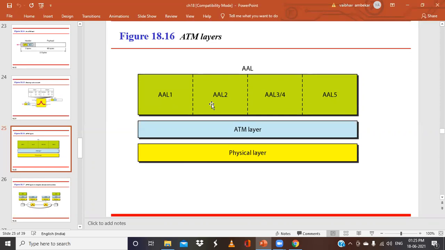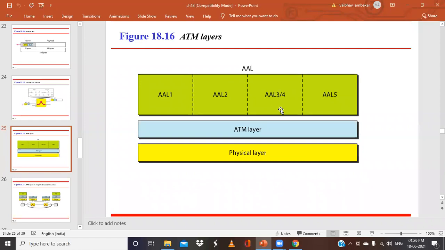But nowadays it is used for low bit rate. Earlier it was used for variable data rate, but these days we are using it for low bit rate traffic and short frame traffic, such as audio and fax. Similarly, we have AAL3 or 4. AAL3 was designed to support connection oriented data services, and AAL4 to support connectionless service.